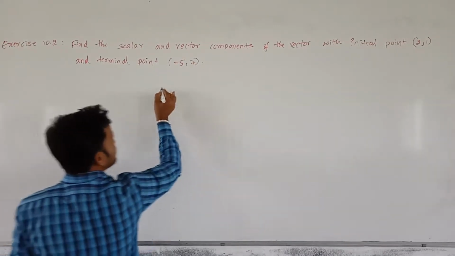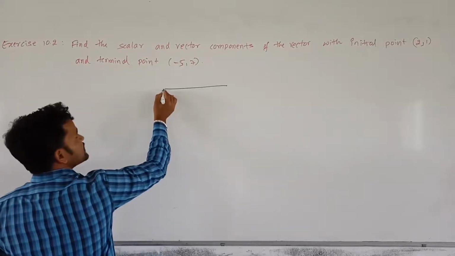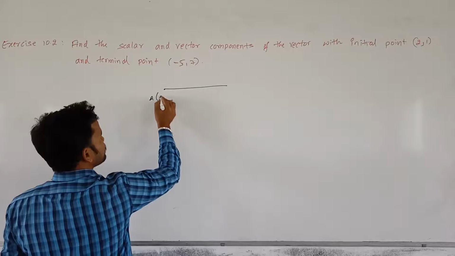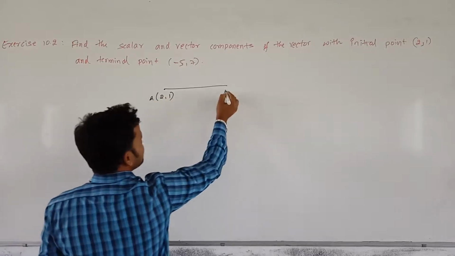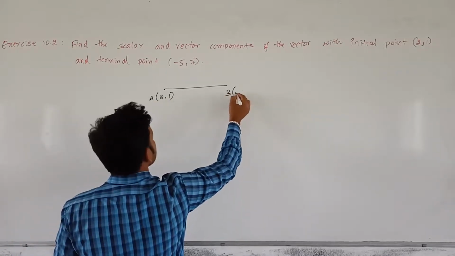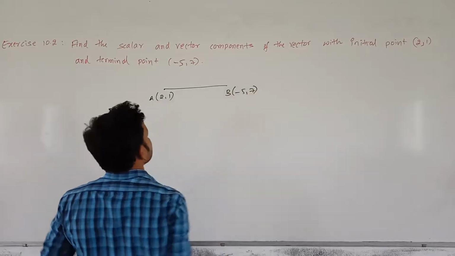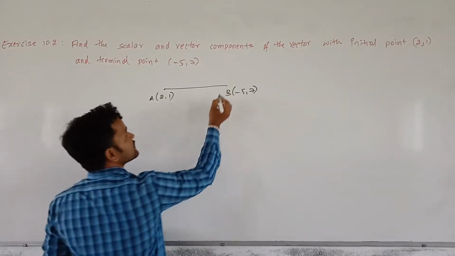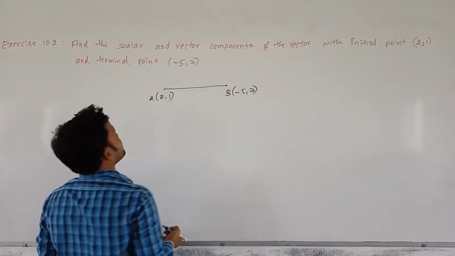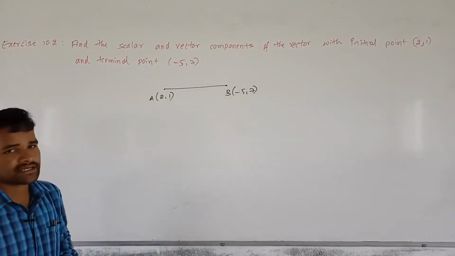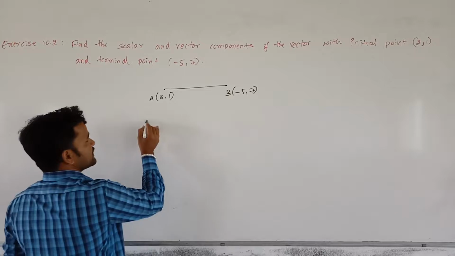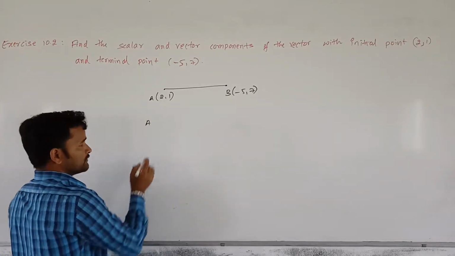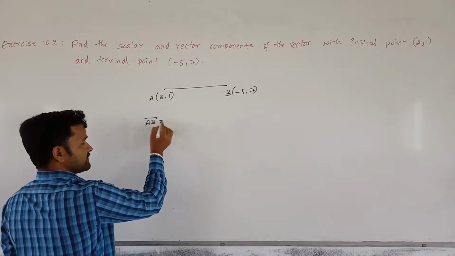There is a vector like this. Let us name its initial point as A. The initial point given is 2, 1 and its terminal point is minus 5, 7. I have to find out its scalar and vector components. Let us find vector AB first of all. To find vector AB, what do we need?